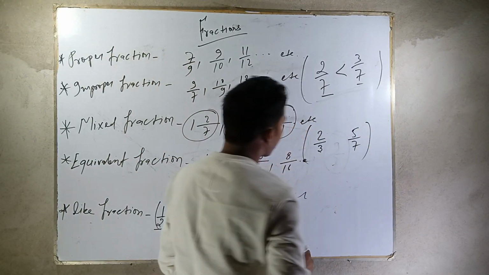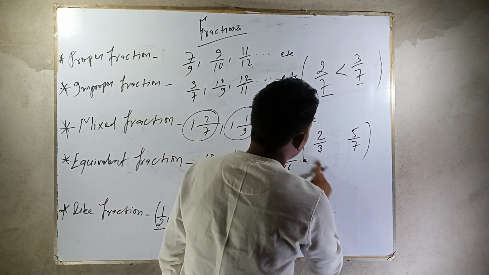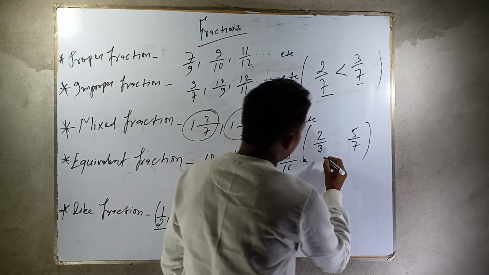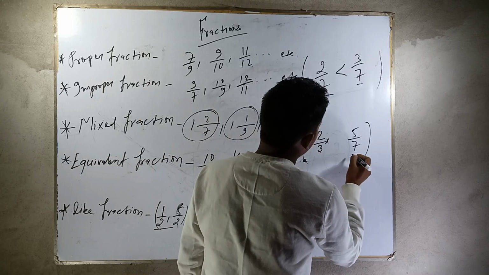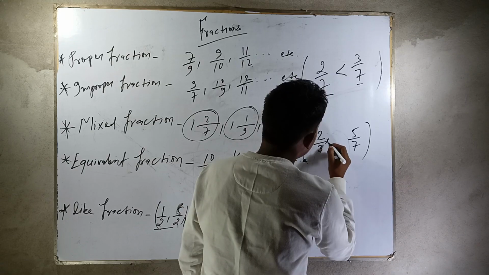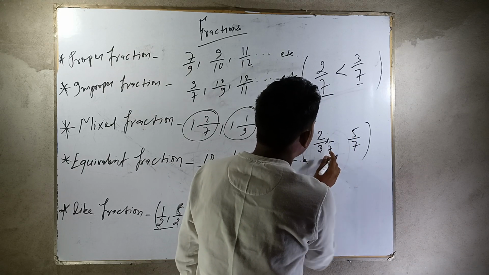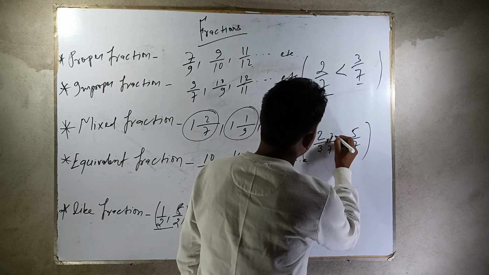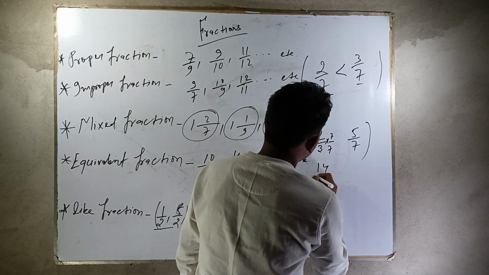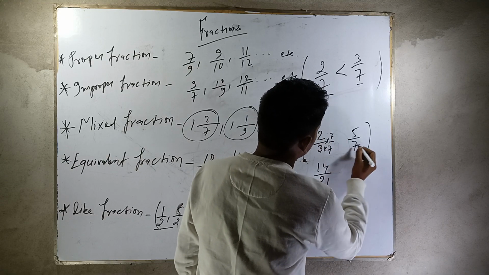In this case, I make both denominators the same. If I multiply 7 by 3, it will be 21, and 2 times 7 is 14, because I need to multiply.